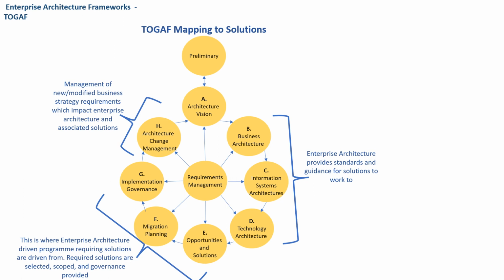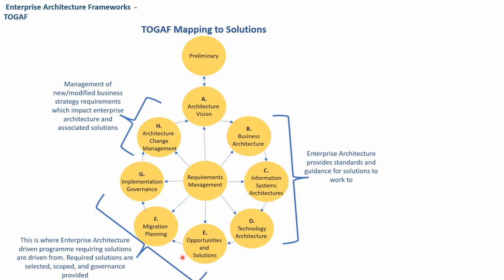Taking the ADM forward, what I've done here is outline where solution architecture would fit in. The first parts are creating the enterprise architectures: the business, information systems, technology, etc.